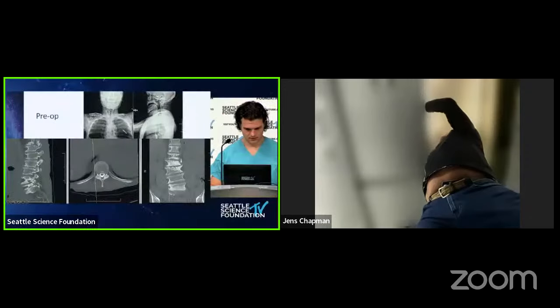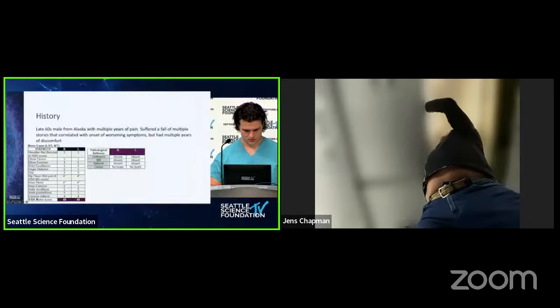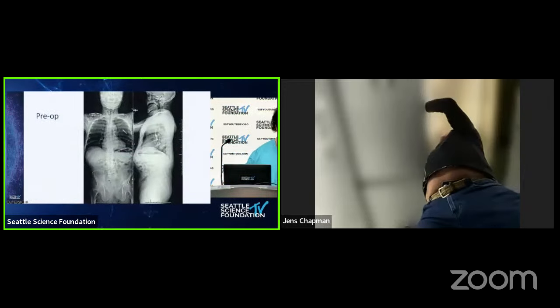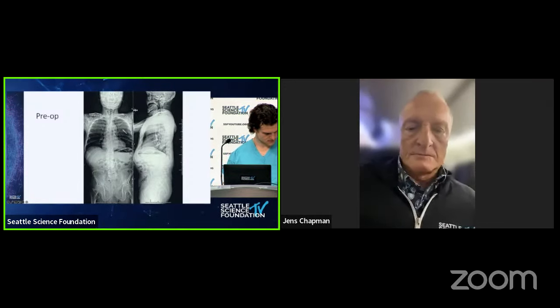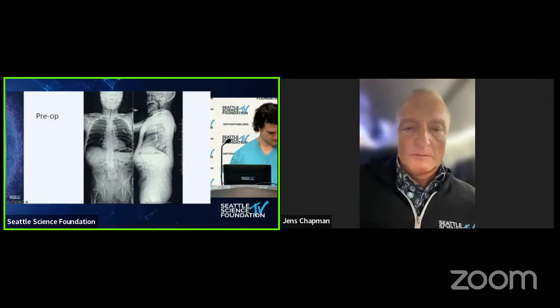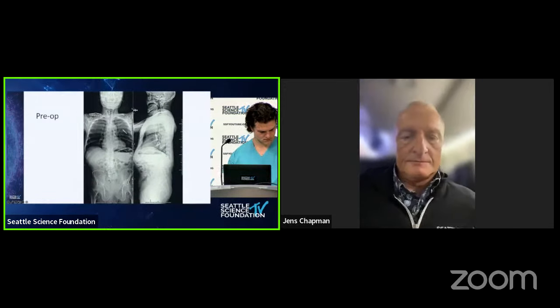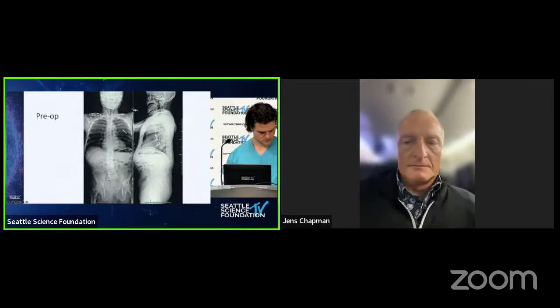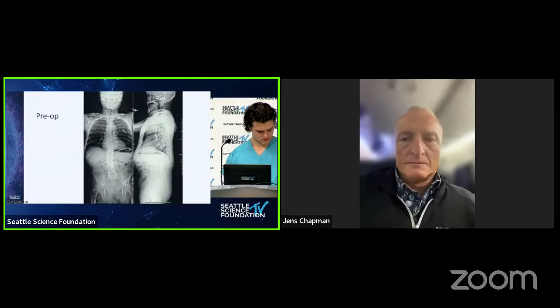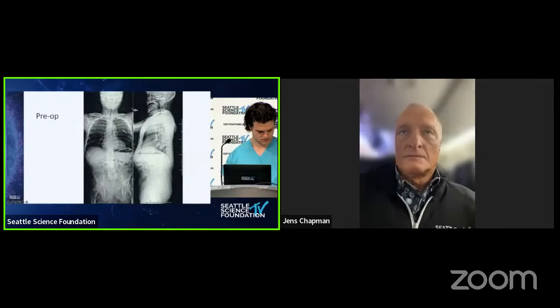So I think for us, one of the important things about doing deformity surgery is being able to do the measurements. But also, more importantly, which patients get surgery, which patients don't get surgery. And then you do a big deformity surgery on someone like this.